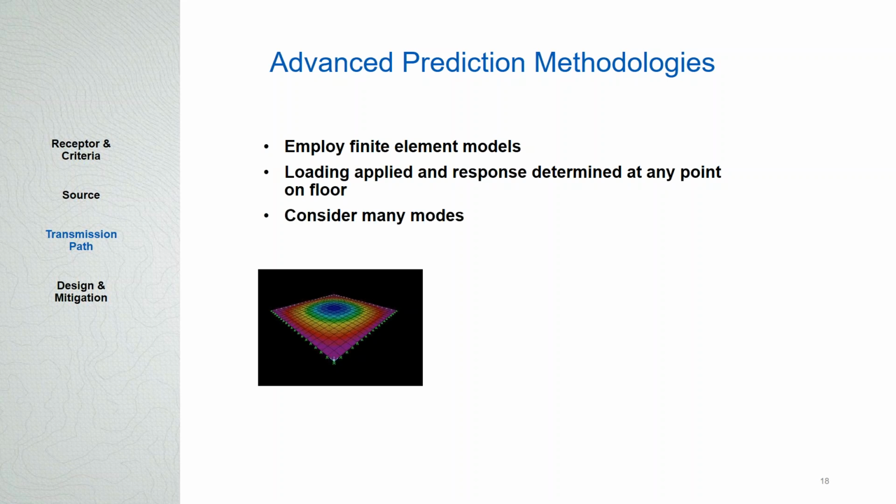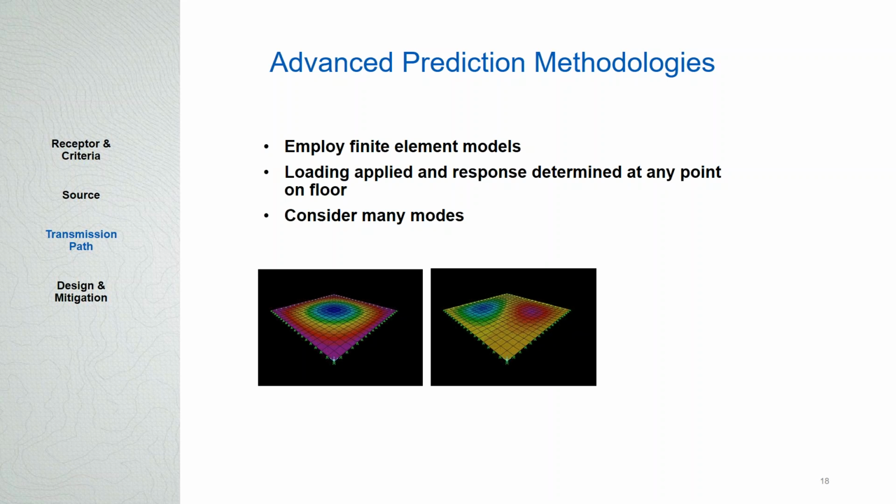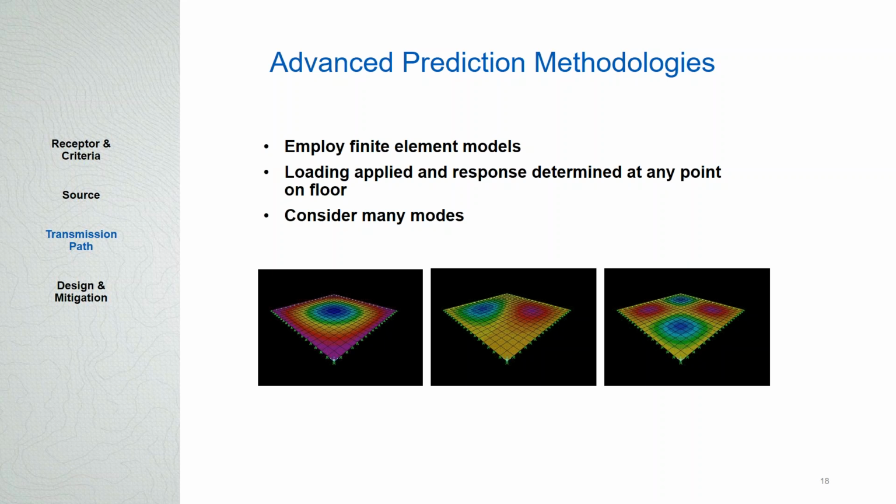And so I have an animation here that's showing the response of a simple floor. So you might think if you jump up and down in the center of a floor plate, you'd see something like this. That's the first mode. But there's a second mode that's shown here, where part of the floor is going up within the structural bay, parts going down. And then there's higher modes. The third mode here is even a more complicated sort of response.